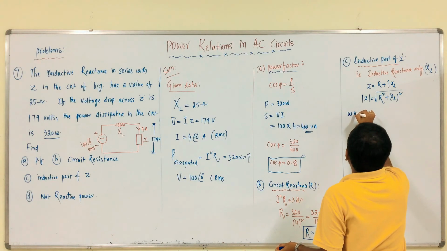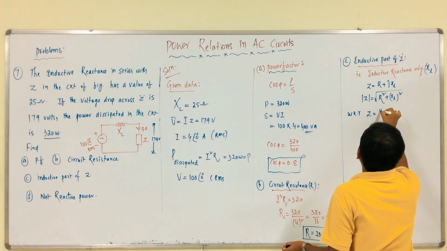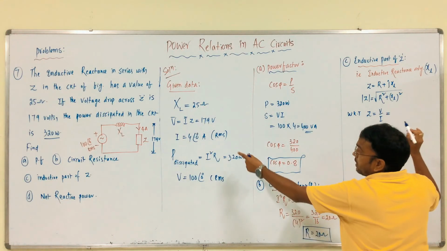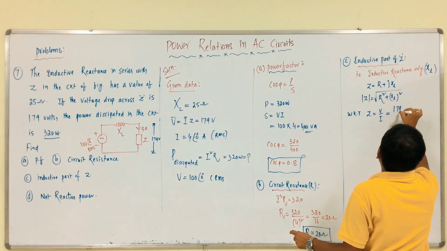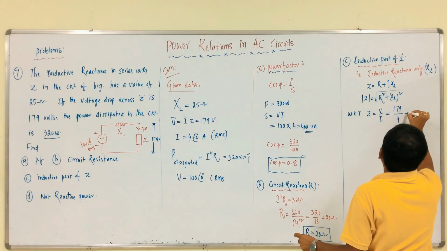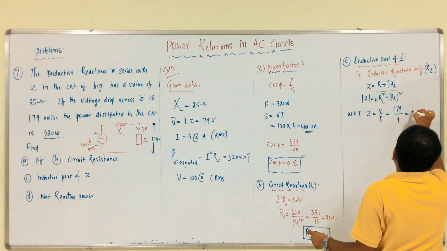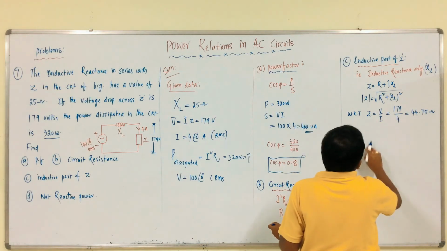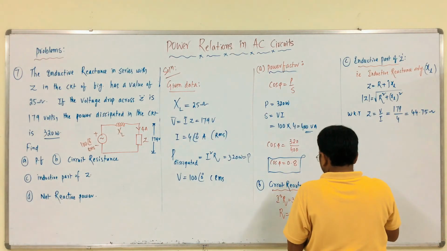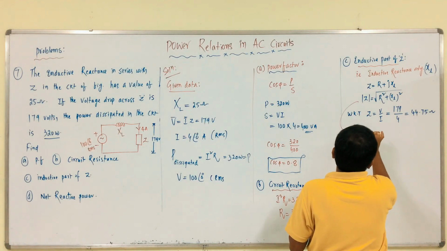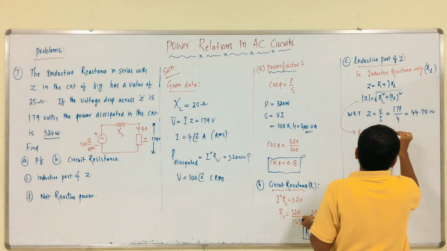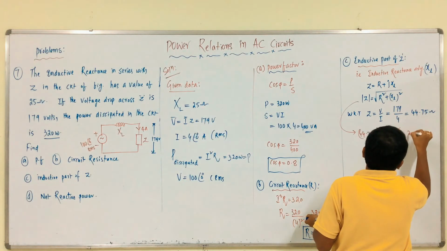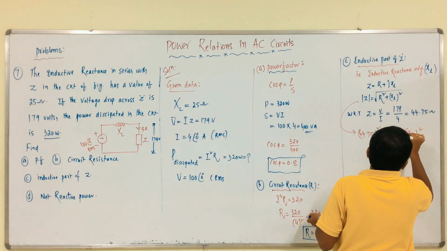We know that Z is equal to V by I. What is the value of V? 179, by I which is 4, which is nothing but 44.75 ohms. So Z is 44.75. Therefore 44.75 whole square is equal to R square, that is 20 square, plus XL whole square.